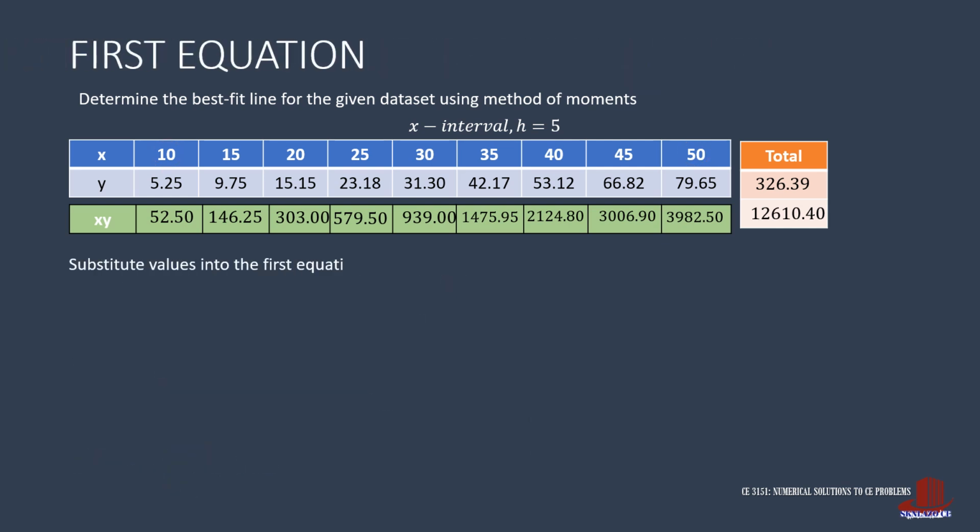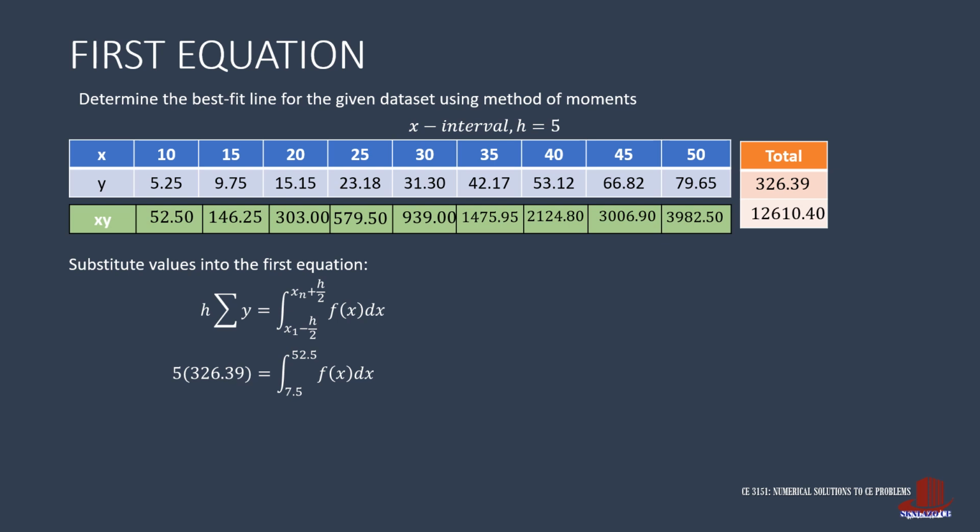After maximizing the details from the dataset, we can then complete the first moment. Plug in values of h and summation of y, which are 5 and 326.39. This is equated with the integral of the function of x.